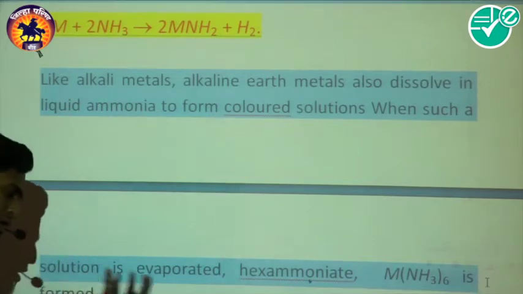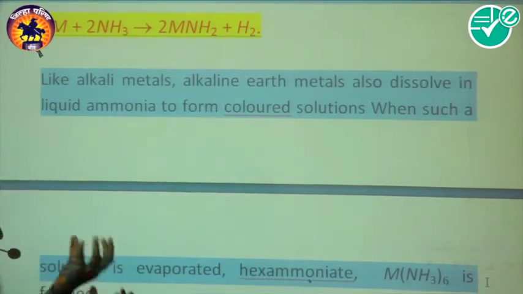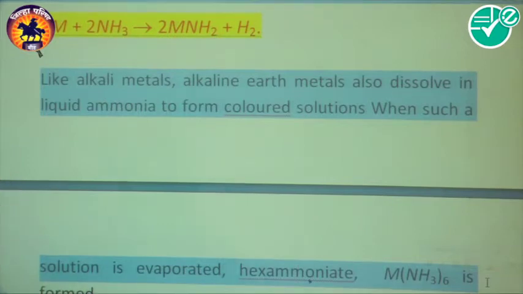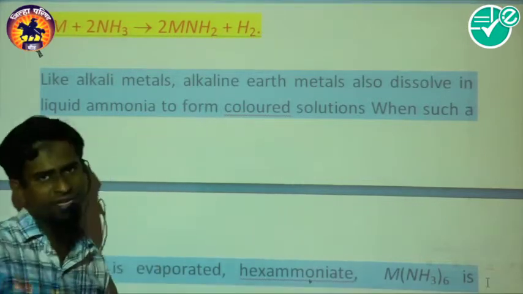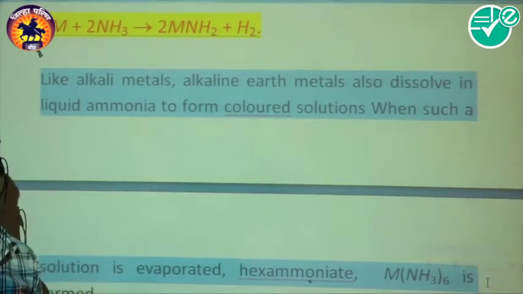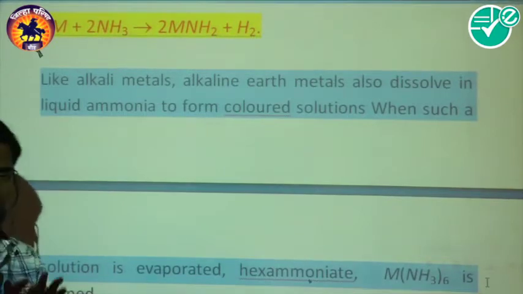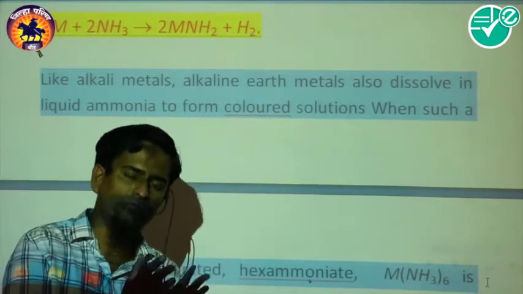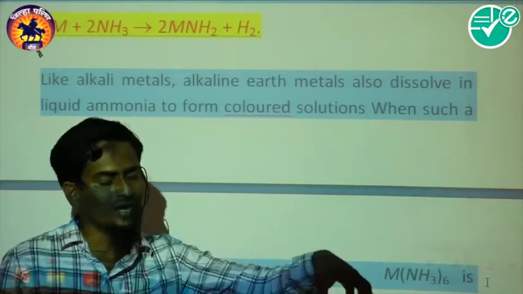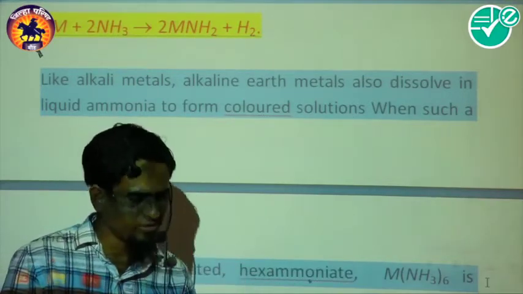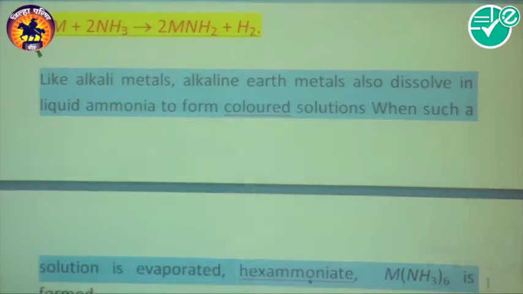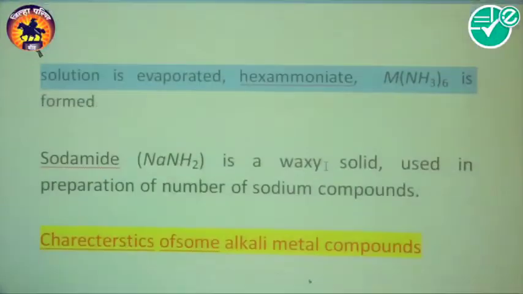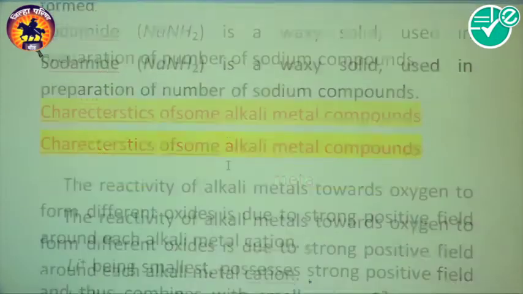When you obtain the blue color and put it as it is, after some time the solution evaporates, and then hexaammonate forms. Not directly: first you obtain the blue solution, then after a small time it forms the hexaammonated solution. Now come to the next.